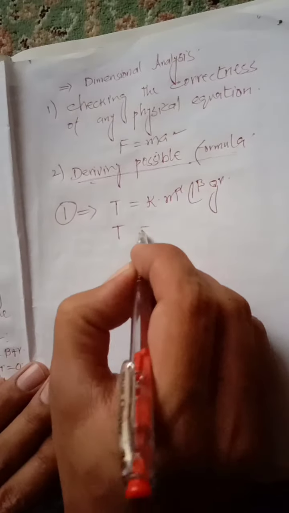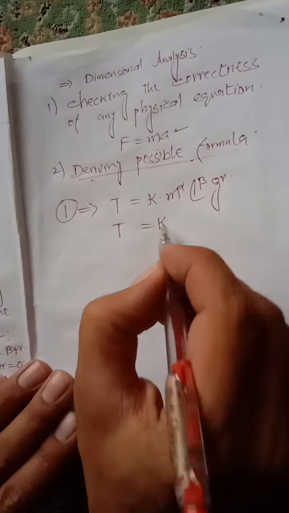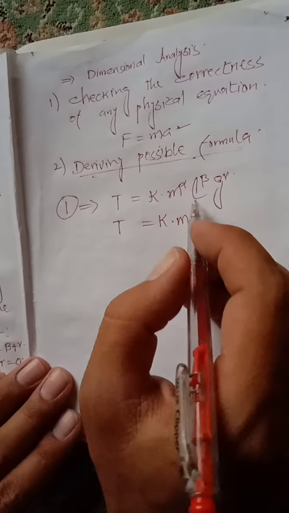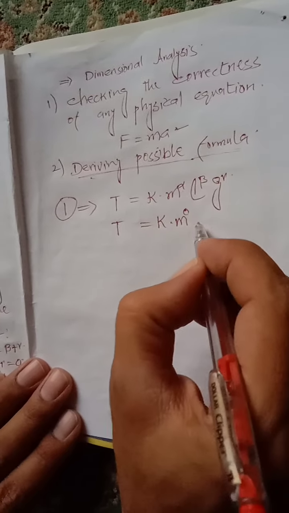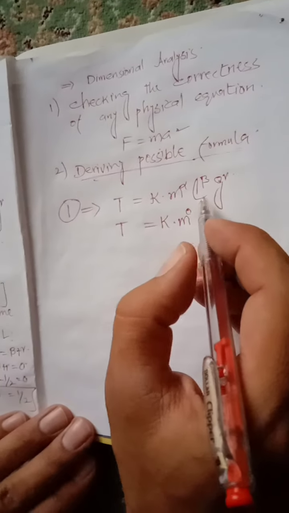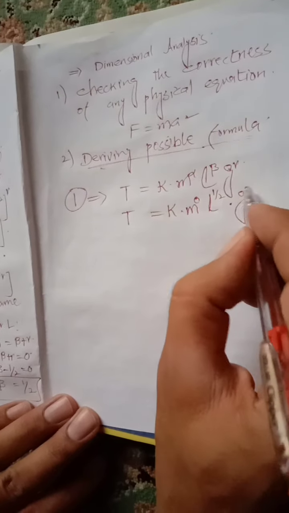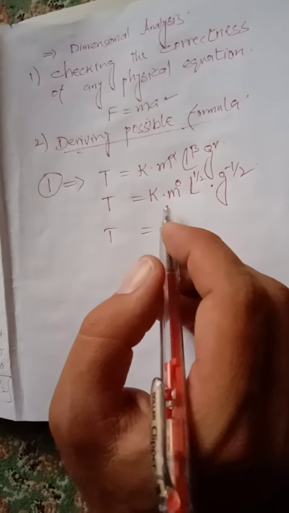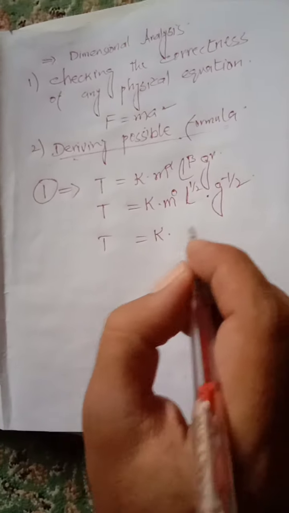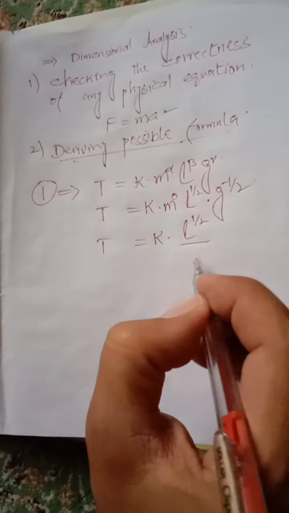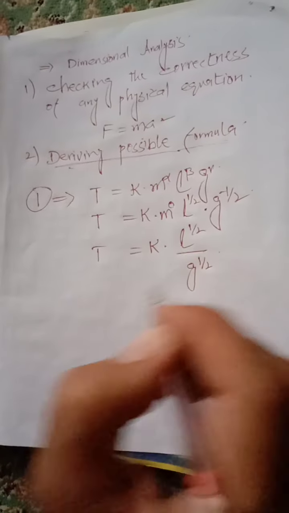So T will be equal to k into M power alpha. We know that the value of alpha is 0, the value of beta is 1 over 2 and the value of gamma is minus 1 over 2. So M power 0 is equal to 1. So k L power half divided by g power half.